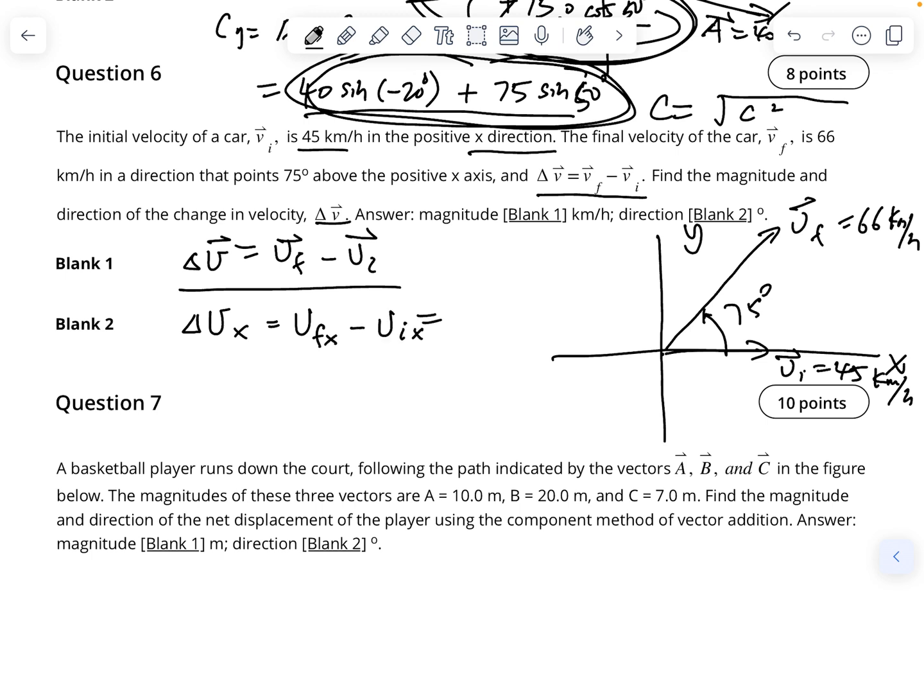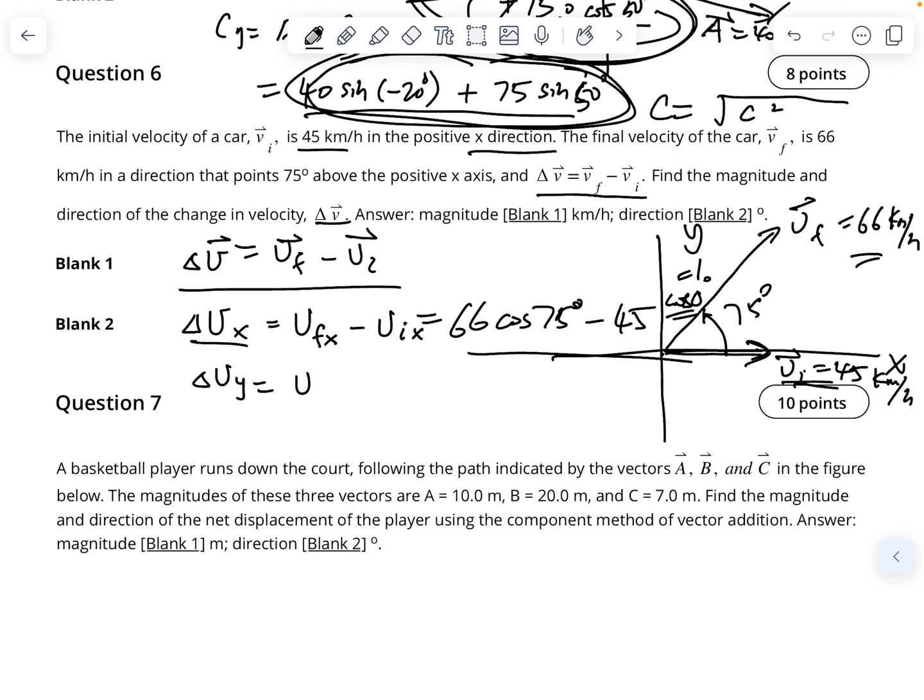So VF is 66 cosine 75 minus this guy's x component. This guy's angle is 0, so he is on the x-axis, so the x component will be 45. Actually 45 cosine 0. Cosine 0 is 1, so it's 45. So that is delta Vx, the changing velocity in the x direction.